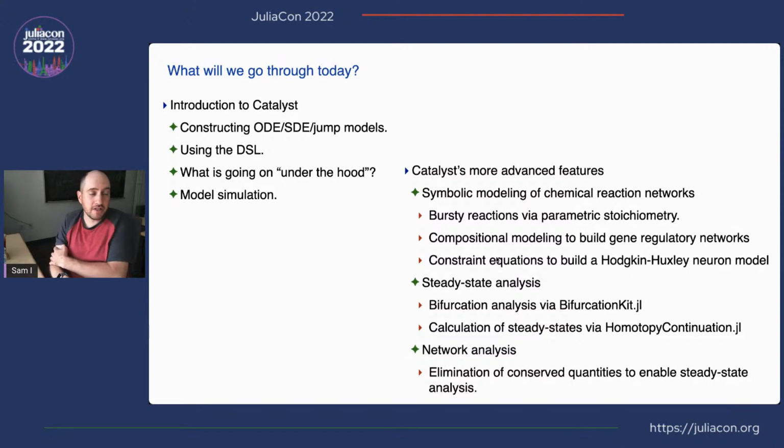Torkel will show us how we can combine Catalyst with Bifurcation Kit to look at bifurcation analysis of chemical reaction networks, and how we can combine it with homotopy continuation to find all the steady states of a mass action reaction system. And then if there's time at the end, I want to show you a little bit about how we can do conservation law analysis to reduce a network to make it more amenable for use with tools like Bifurcation Kit or homotopy continuation.